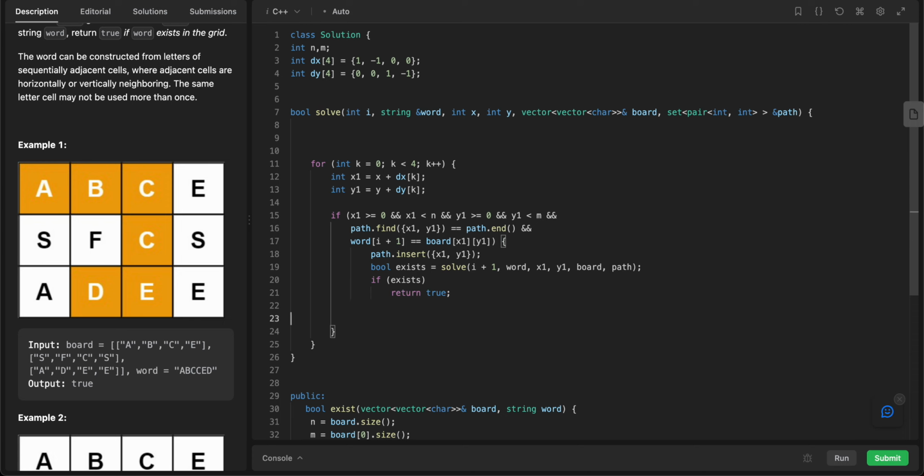Otherwise, let's try to, so that means it tried x1 y1 and it did not find that, what it should do, it should remove this, path dot erase.